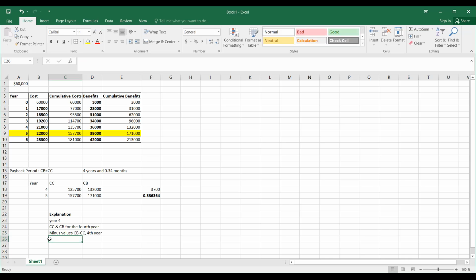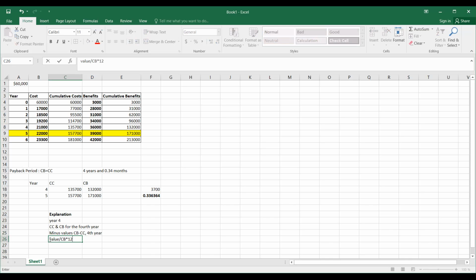So whatever value I get from there, the next thing I'm going to do is the value divided by CB multiplied by 12. Why 12? Because 12 months. So then I will get my value in terms of months.